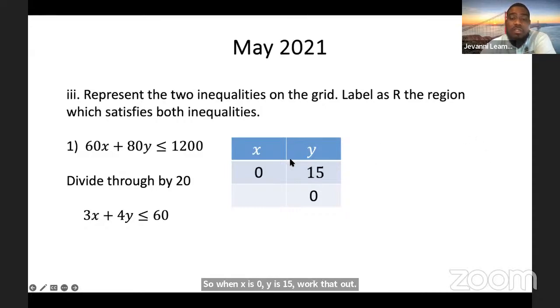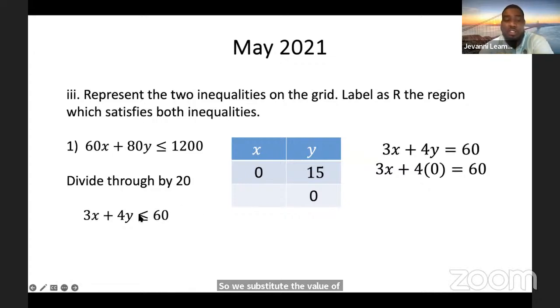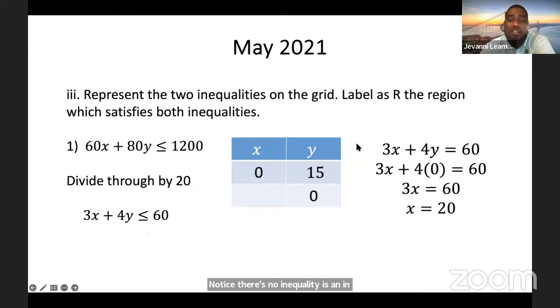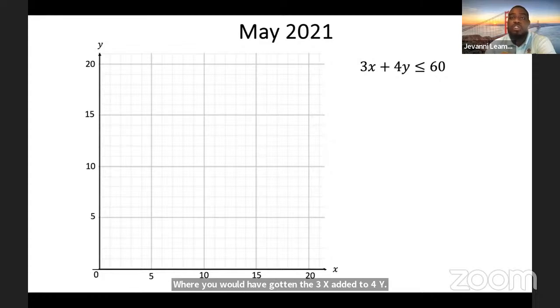When y is equal to 0, we need to find the value of x, so we substitute the value of y into that equation. Notice there's no inequality. It's an equation because we're using that line as a reference line in order to shade our region. Now you would have already gotten the line 3x added to 4y. Now you need to actually show where it would be shaded.